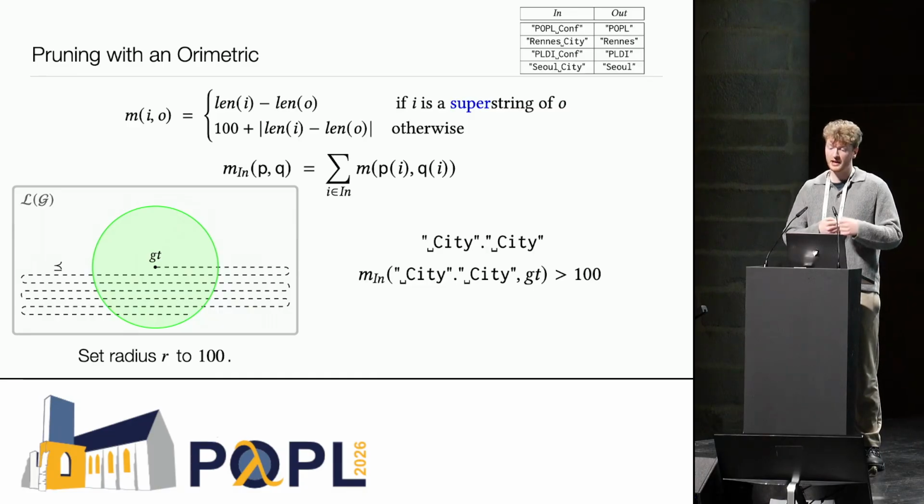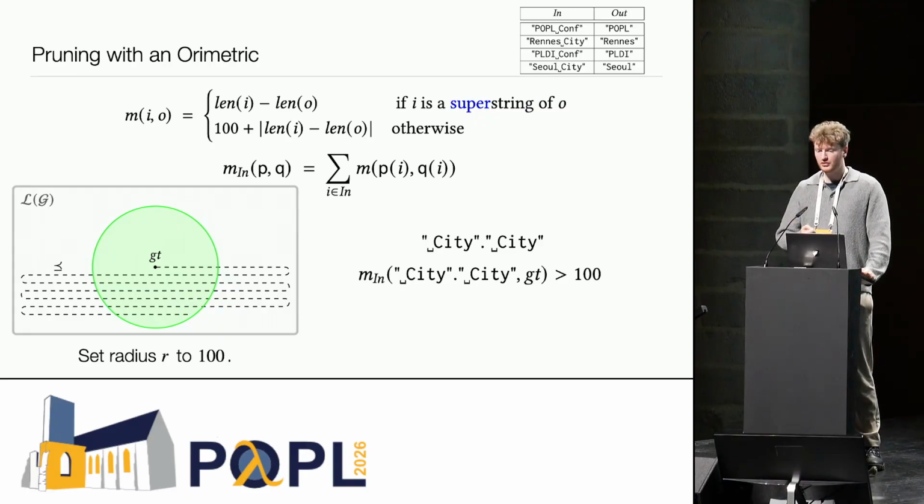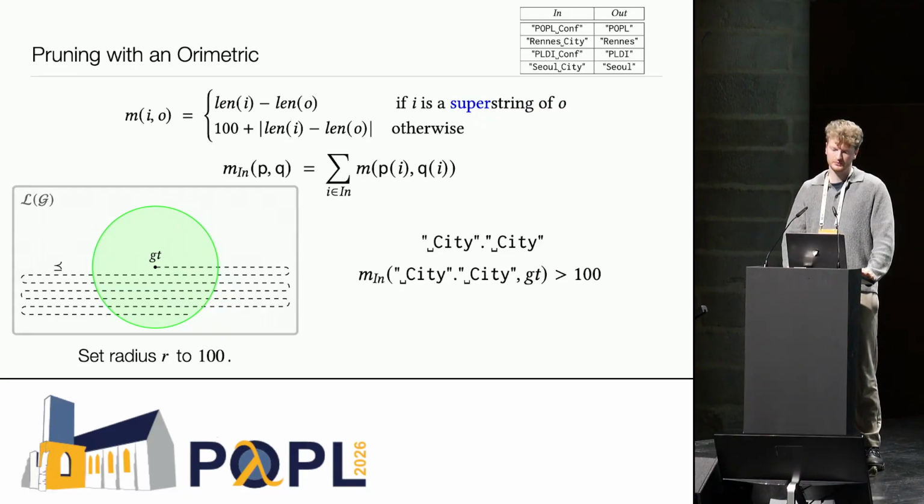The ground truth executed on the input examples will return the output examples, because this is the specification of the ground truth, right? So the ground truth will output POPL, REN, PLDI, and SOL. And since city, city is not a superstring of POPL, REN, PLDI, and SOL, the distance to the ground truth is greater than 100. And thus, we might prune this program.